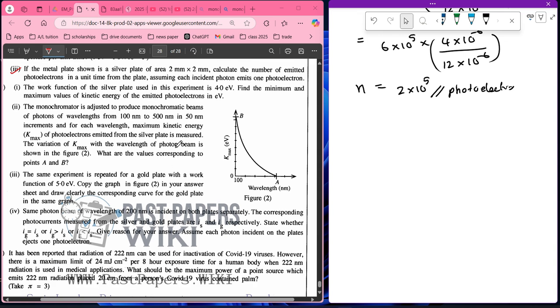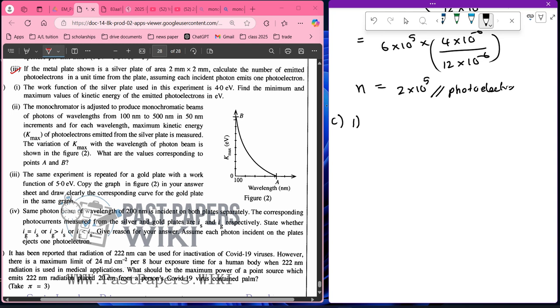So part C, question number 1. The work function of the silver plate used in this experiment is 4 electron volts. Find the minimum and the maximum values of kinetic energy of the emitted photoelectrons in eV.